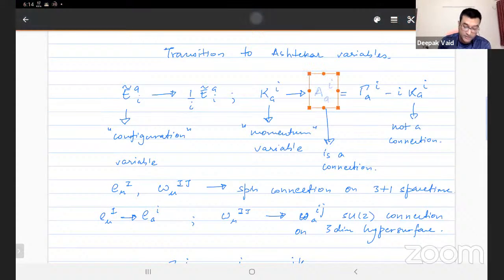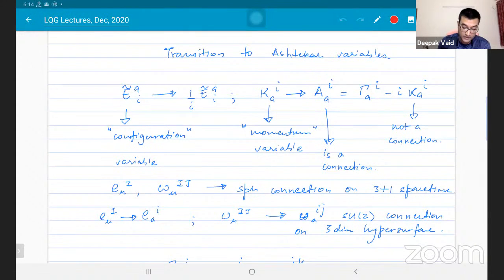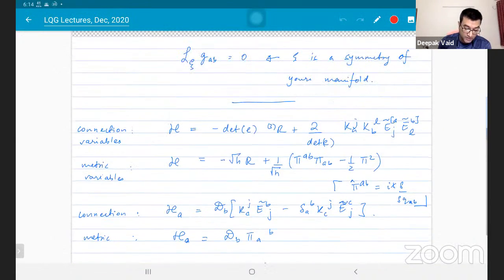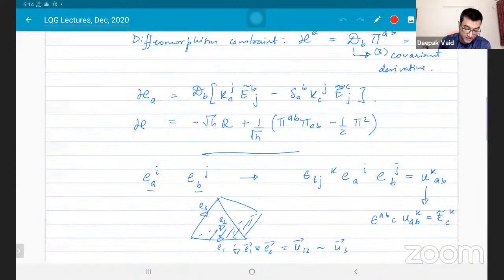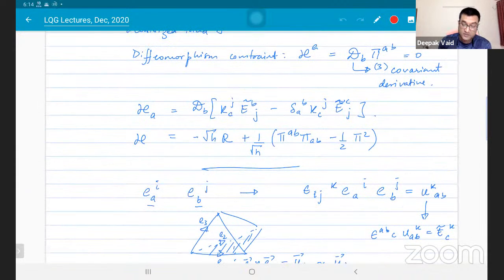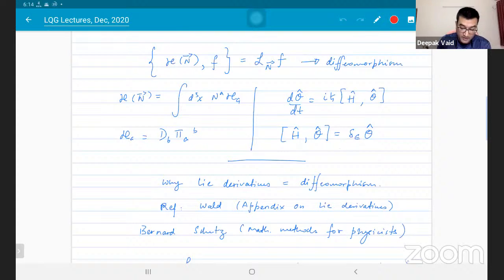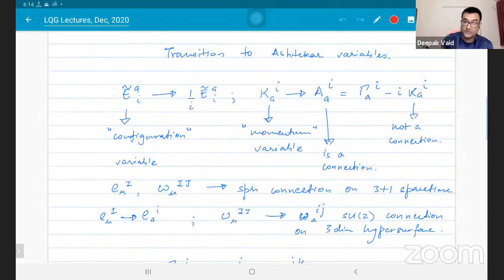It involves the introduction of this new connection, which is a shifted form of this Ki. Right now, when we are working with these co-triads and this extrinsic curvature, the extrinsic curvature one form is not a connection, right? It doesn't have that property of transforming as a connection under local SU2 gauge transformations.